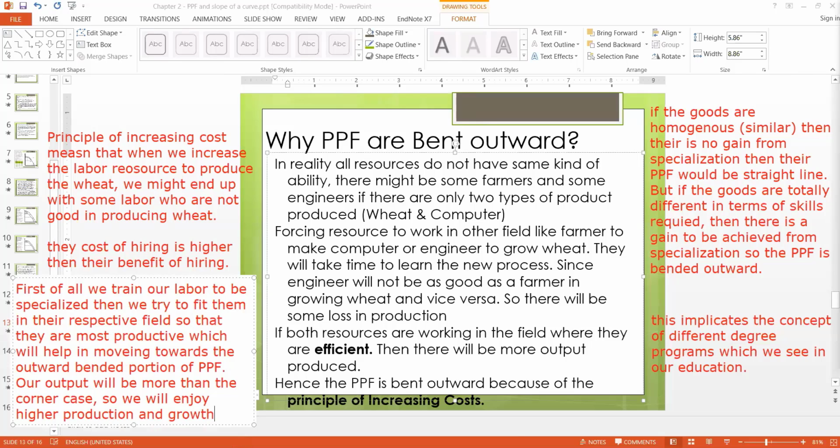So here what we are doing is he has analyzed his resources, that his labor are specialized and the products that they are producing are different. So he is using the labor in their field where they are good at, so that he is on the outward bended portion of the PPF. The advantage that he is getting is he is producing more as compared to the other cases.